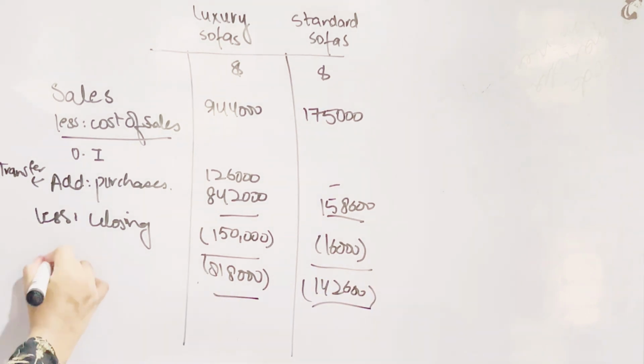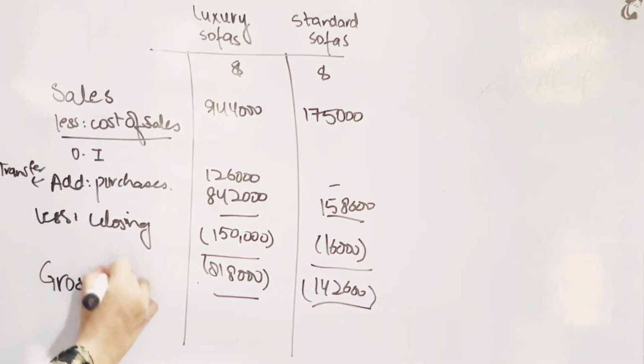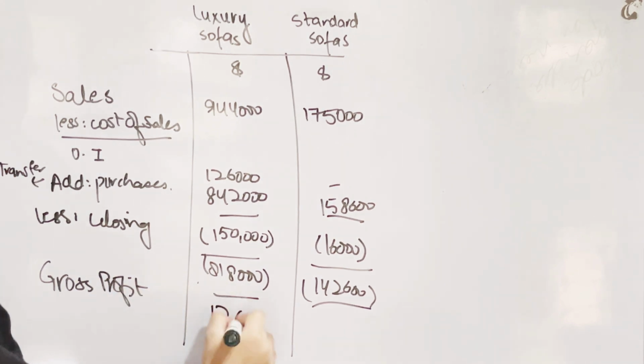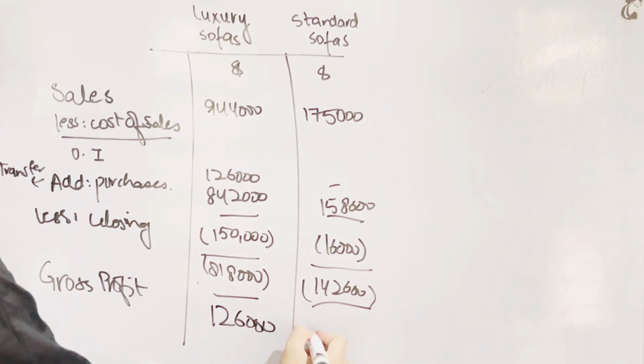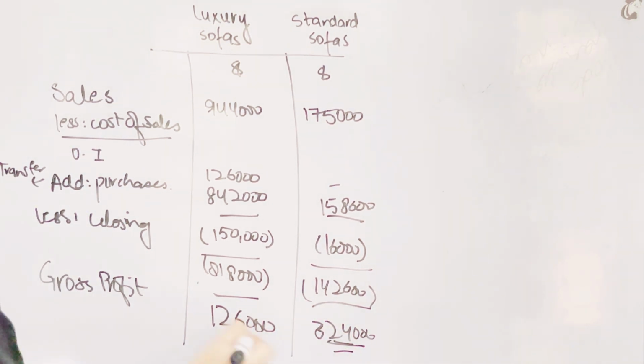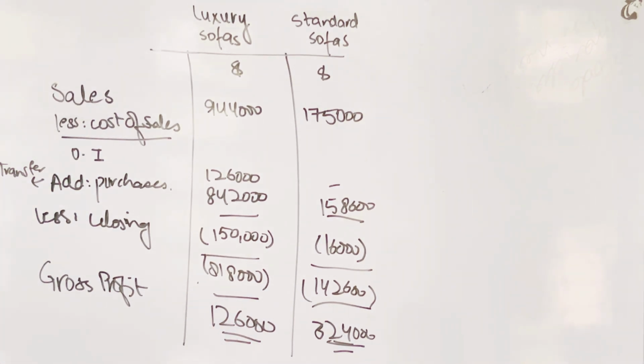Now we can calculate the gross profit which was asked, and hence it is 126,000 and 3,400. So all the information was given. You were just supposed to put them down in the format and calculate the answers.